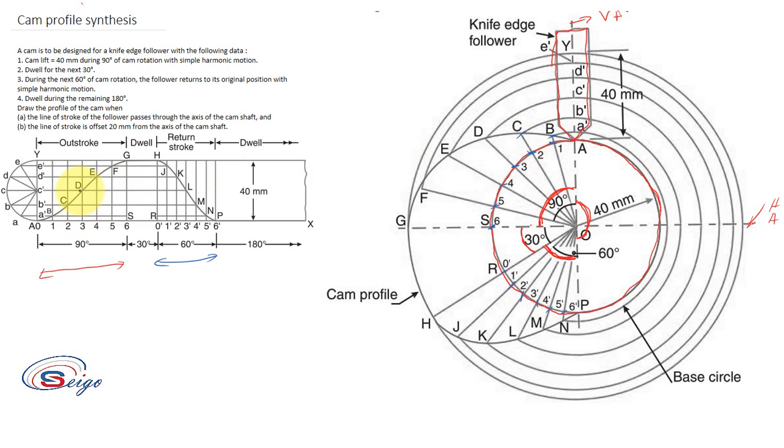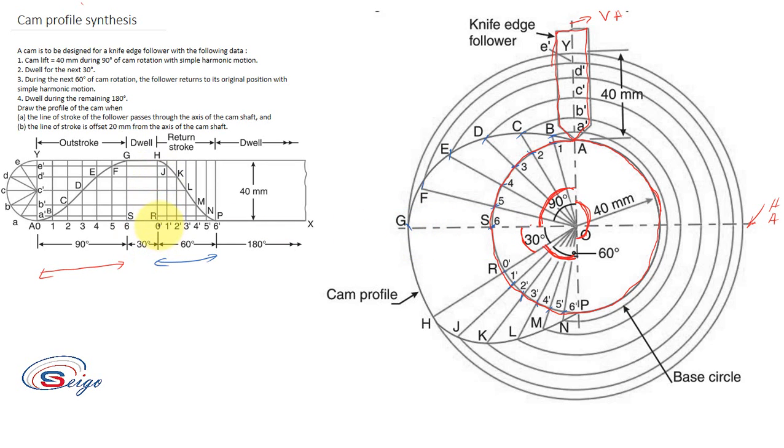Again take 3D, mark 3D over here, 4E over here, 5F over here, then 6G over here.